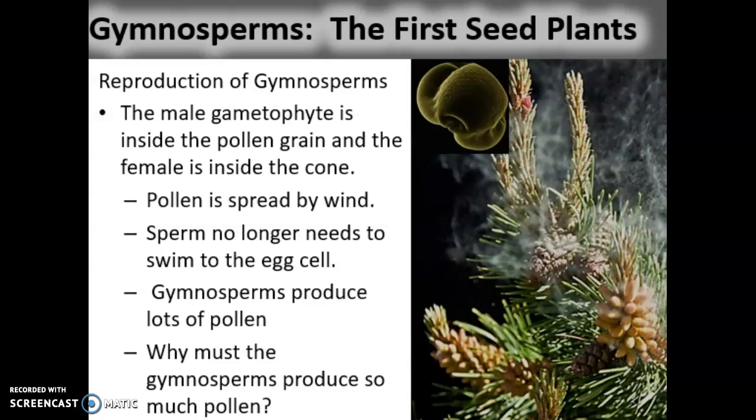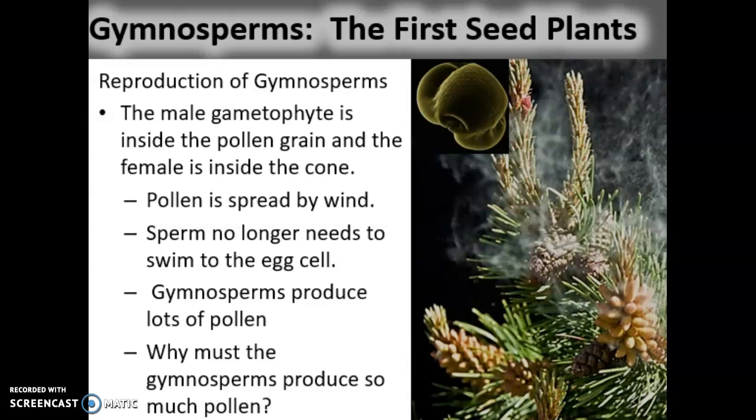Those pollen grains spread the sperm by being carried on the wind. Now, gymnosperms must produce lots of pollen, a lot more pollen than other types of plants. And that's because you can't always trust the wind to carry these pollen grains exactly where you want them to go, which is to a female cone on a different gymnosperm.